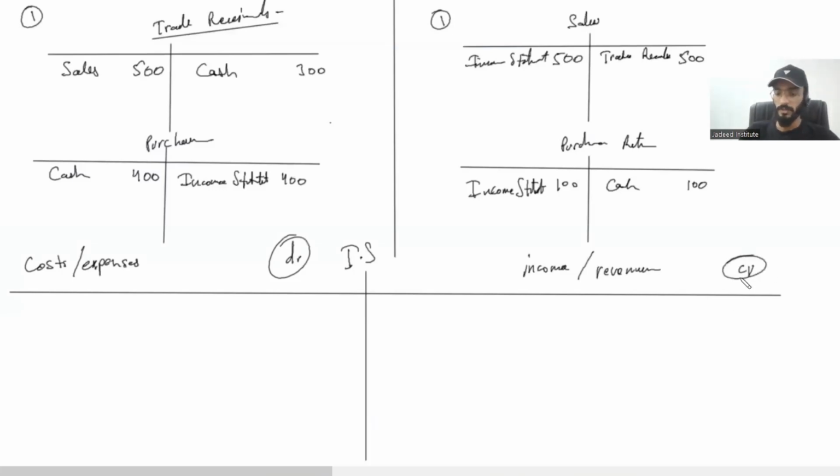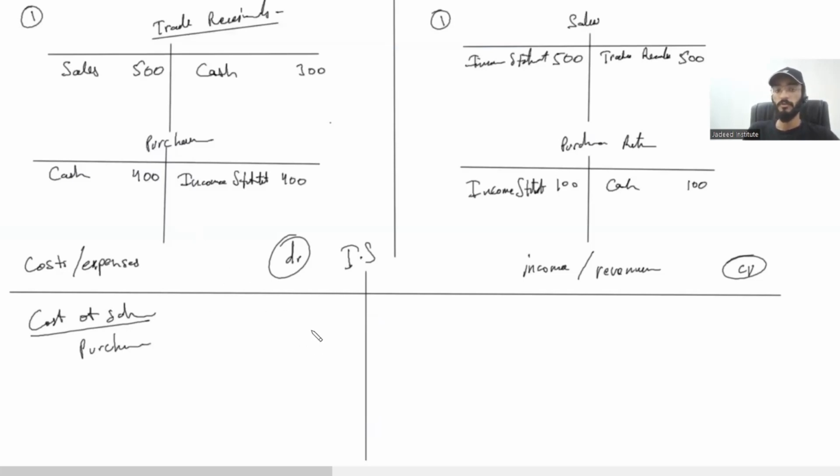That's the concept, all right? So purchases, let's say, is what? Debited. Yeah, as a cost, under cost of sales, of course. Under cost of sales, your purchases will be debited. Why? Because it's the cost. Any cost or expenses will be debited.